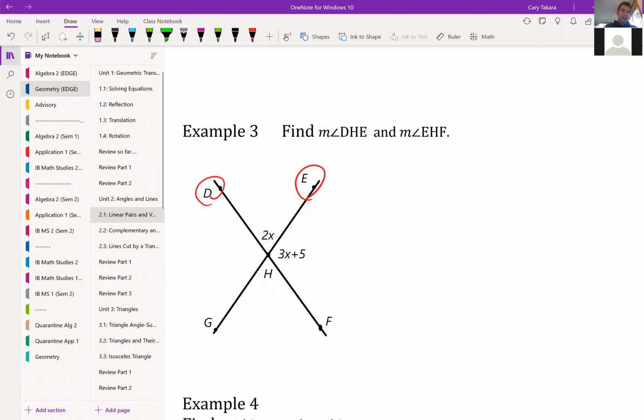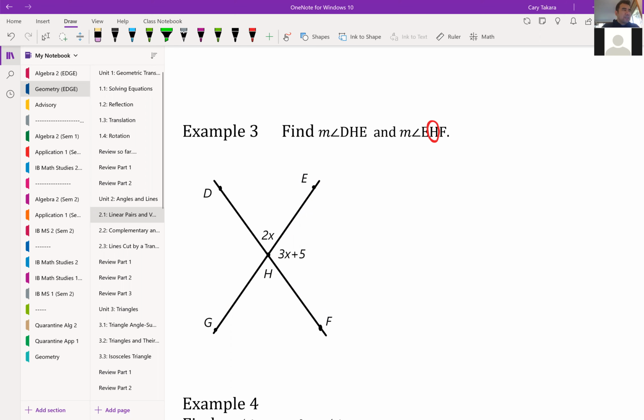So we are after this angle. And we also need to figure out the measurement of EHF. Now, where's the EHF? Again, just connect the three letters with the lines. E, H, F. It's this angle right here. Always the middle letter is the focus angle. It's the angle H, but it is right here, okay?